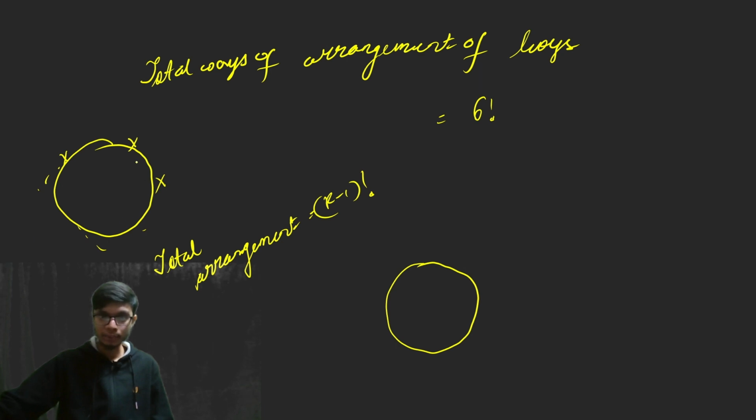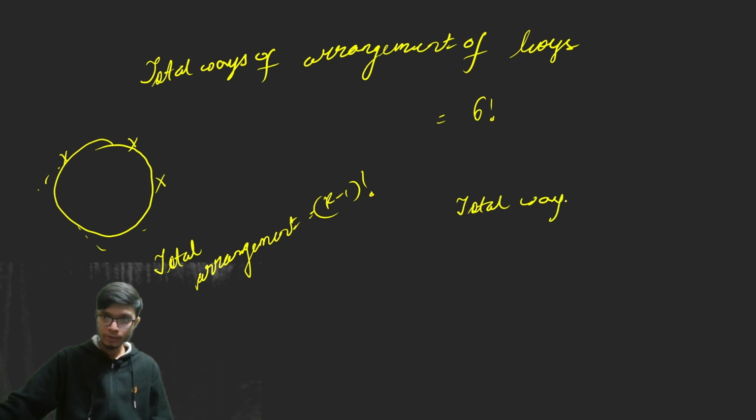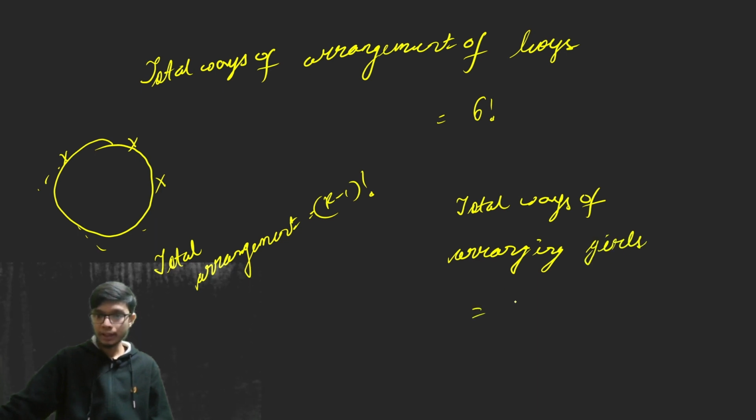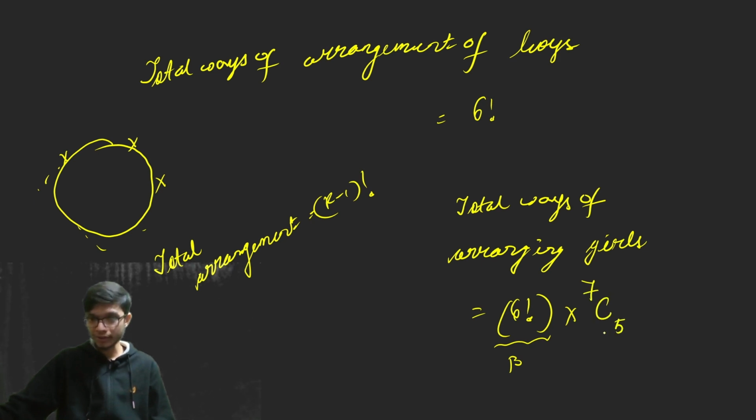In these 7 gaps we can make the girls fit. So the total ways of arranging girls is equal to, firstly, 6 factorial for the boys, multiplied by choosing 5 gaps out of the 7 gaps.